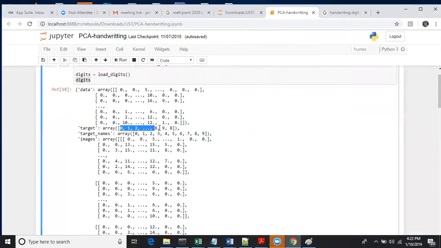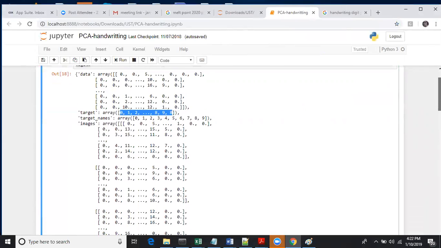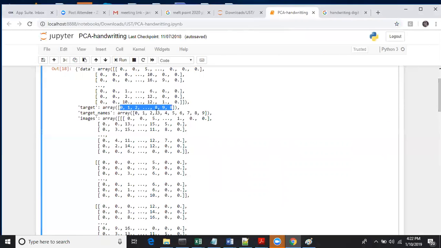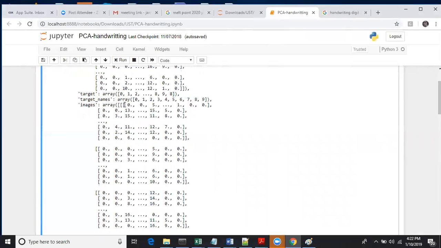How many? 0 to 9. The target names are 0 to 9 only, and the images themselves are like this.